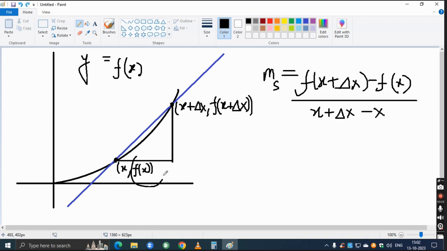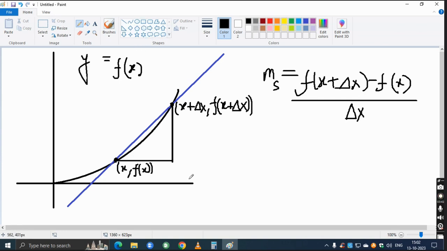So this simplifies to f of x plus delta x minus f of x whole divided by delta x. That's just the average rate of change of y with respect to x.